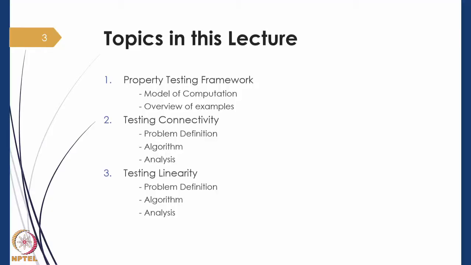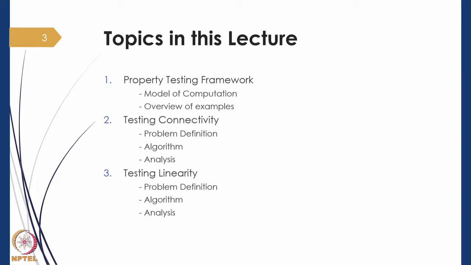So under this motivation, we will first provide a formal computational model and explain all the parameters that govern this computational model, and present an overview of a couple of examples. That will be the first segment of our lecture.